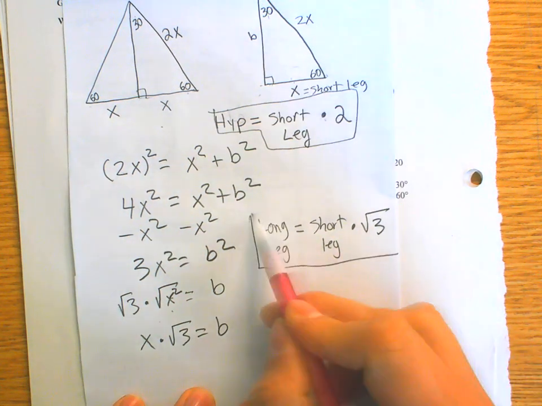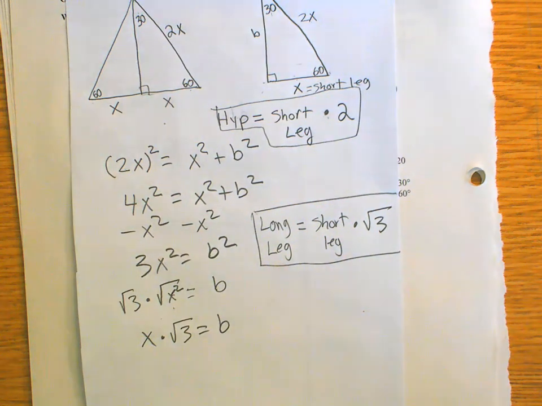So those are the two relationships that we have for a 30, 60, 90. And we're going to use these. We're also going to do something called rationalizing the denominator, so watch out for that.